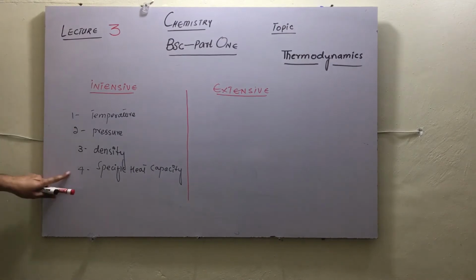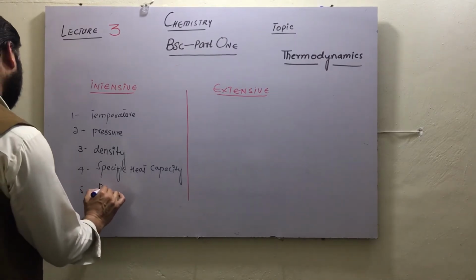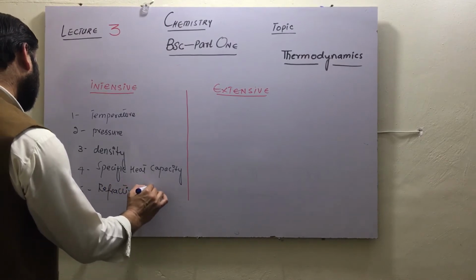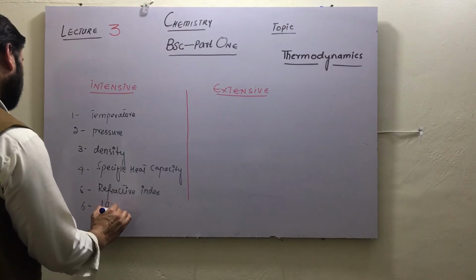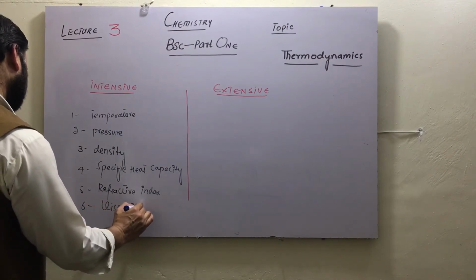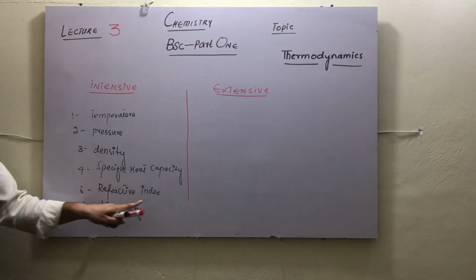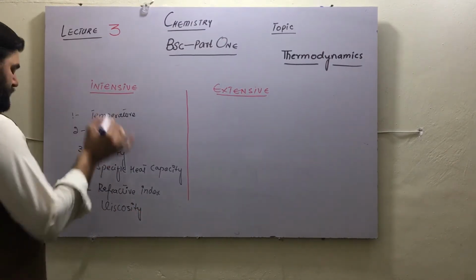Specific heat capacity is also an intensive property. Refractive index is also intensive. Number 6, viscosity, is also intensive. These are temperature, pressure, density, specific heat capacity, refractive index, viscosity, and all the concentration terms like number 7.